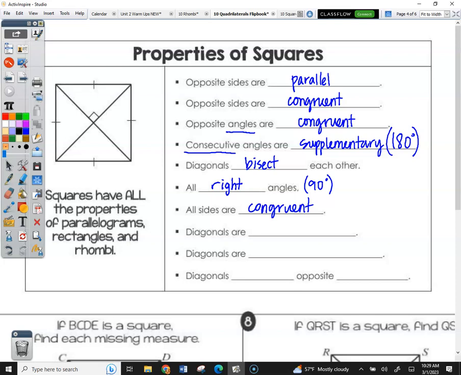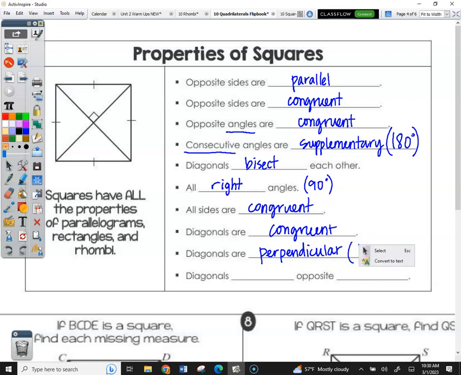Also, like a rectangle, diagonals are congruent. Also like a rhombus, diagonals are what to each other? Perpendicular.